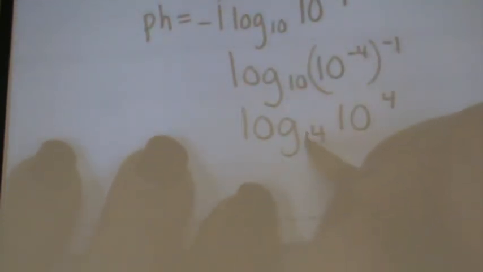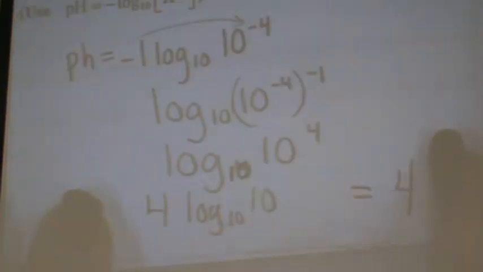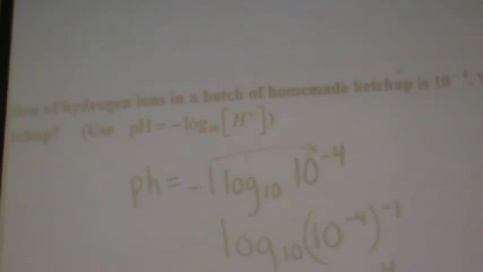Now, see this? Oh, I'm sorry, this should be a 10. When these two numbers are the same, your answer is going to be this power. So think of it as 4 times the log of 10 base 10. The log of 10 base 10 is 1, and 4 times 1 is 4. So therefore, that is your answer. If you say 4 times 1, you don't go 1 times 4.